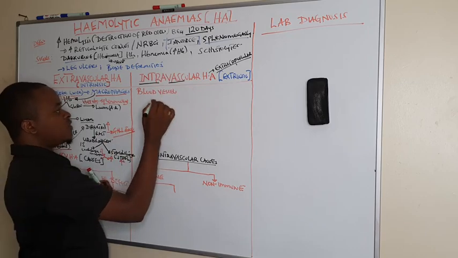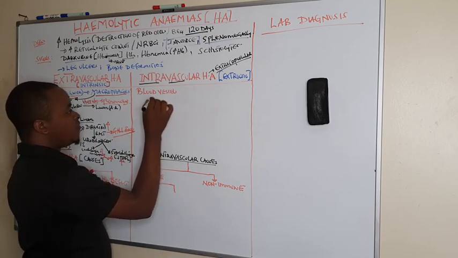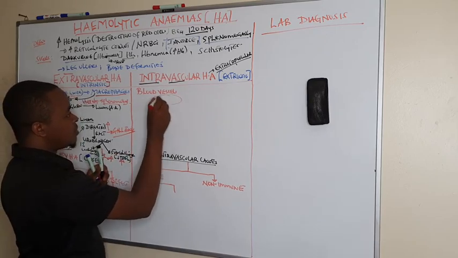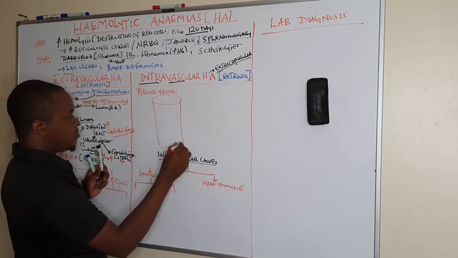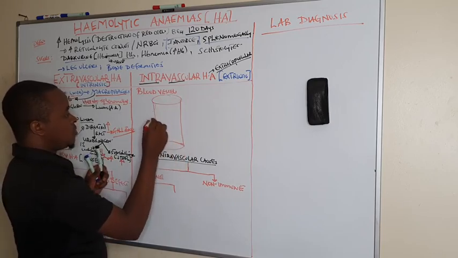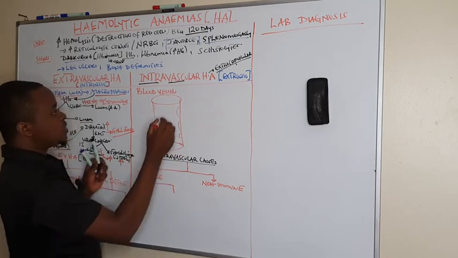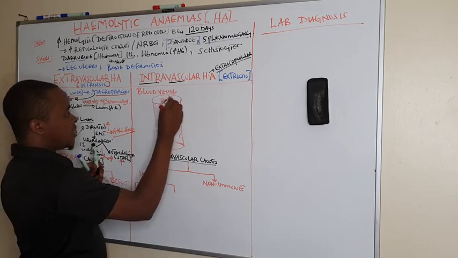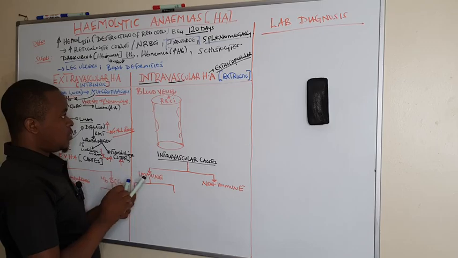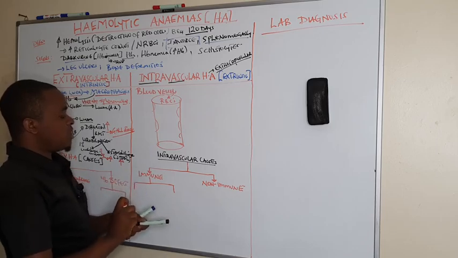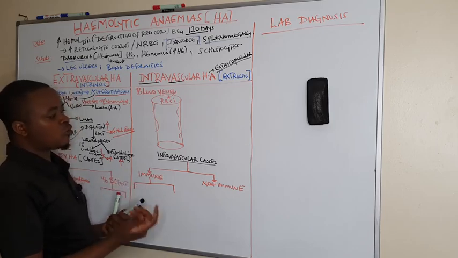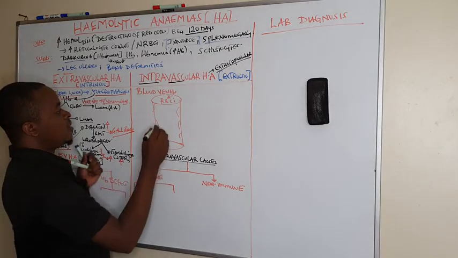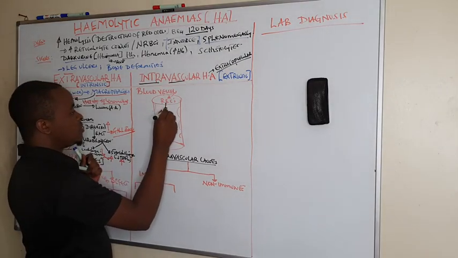And within the blood vessels, if I can draw here a blood vessel, if this is a blood vessel, we're going to see the RBCs destroyed within the blood vessels, either due to trauma or due to immune activity, leading to release of hemoglobin.